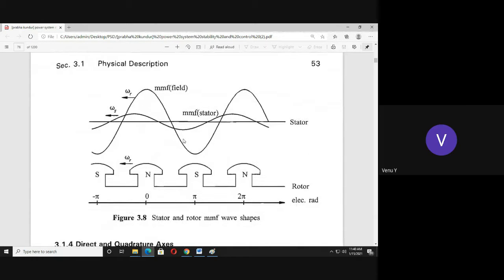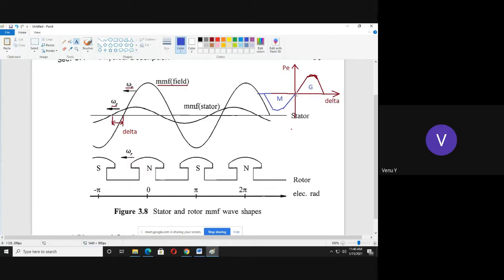After getting that, you have the wave shapes of field MMF and stator MMF. So the stator MMF is ahead of the field MMF. That difference can be treated as delta, the load angle or power angle. Which can be expressed as delta versus P. So in the generator mode, delta is positive, therefore the stator field is ahead of the rotor.